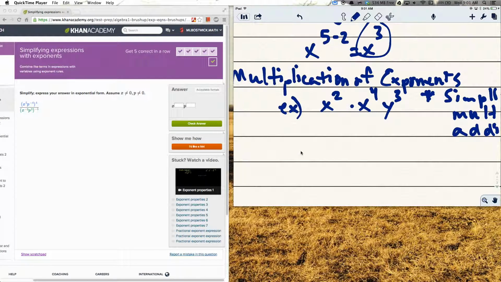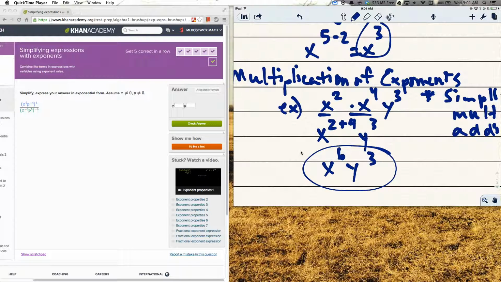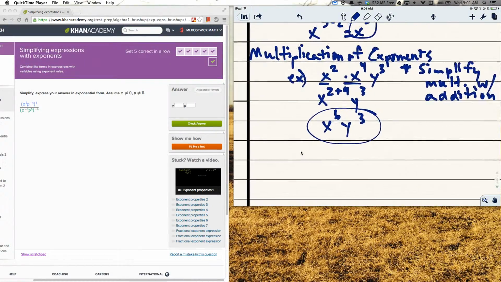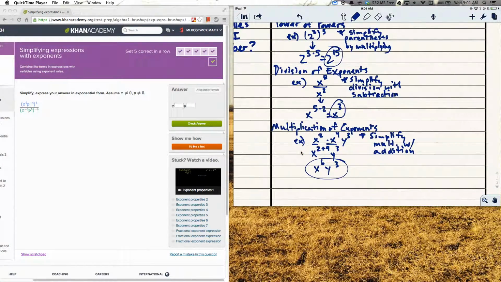Since these two have the same base, it'll become x to the 2 plus 4, and then it's still going to be y to the third because there's no same base there. This becomes x to the 6th, y to the third, and now it's simplified. So when you have multiplication of the same base, you can add the exponents. So those are the three main rules.